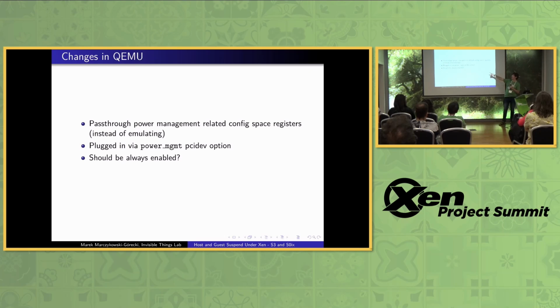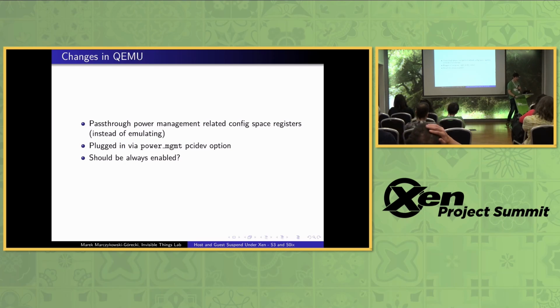We connected it to the power management PCI dev option in the toolstack. I'm not sure, we wanted to have it in Qubes 4.2 and have it opt-in. So any change in behavior should be limited if you opt into S0ix. That's why it's hidden behind an option. But maybe it should be always enabled. I'm not sure.